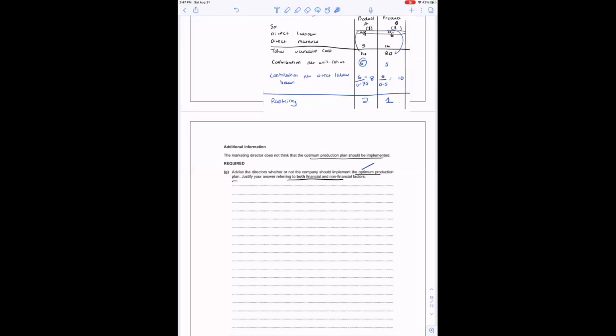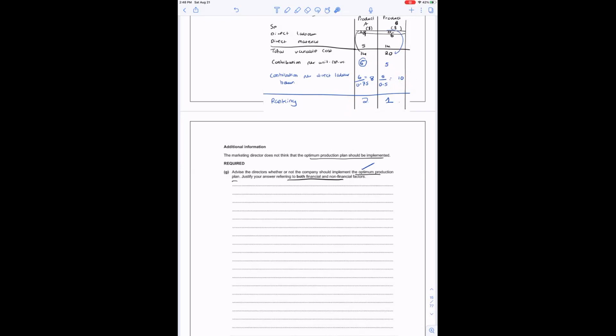Now, if you see clearly, product A has higher contribution per unit with $1. So the company says, don't make more of product B, make more of product A, because in the long run, it is going to give you benefit. However, if you use the optimum product plan with the limited number of factors, every labor hour is going to give you more of $2 per profit.